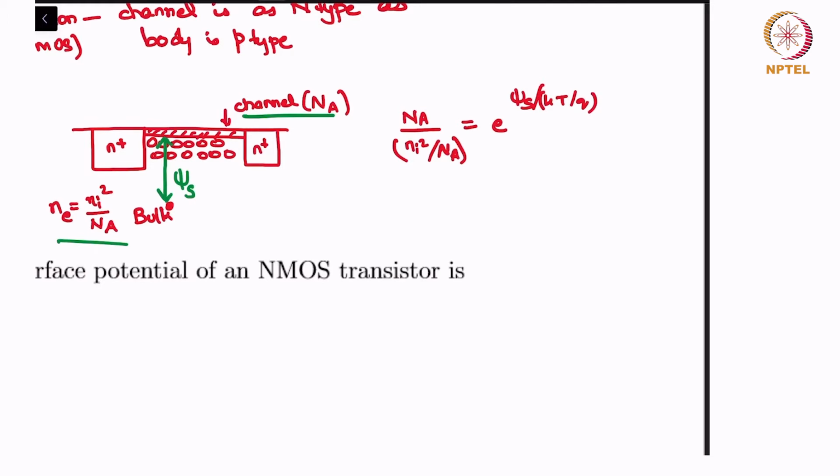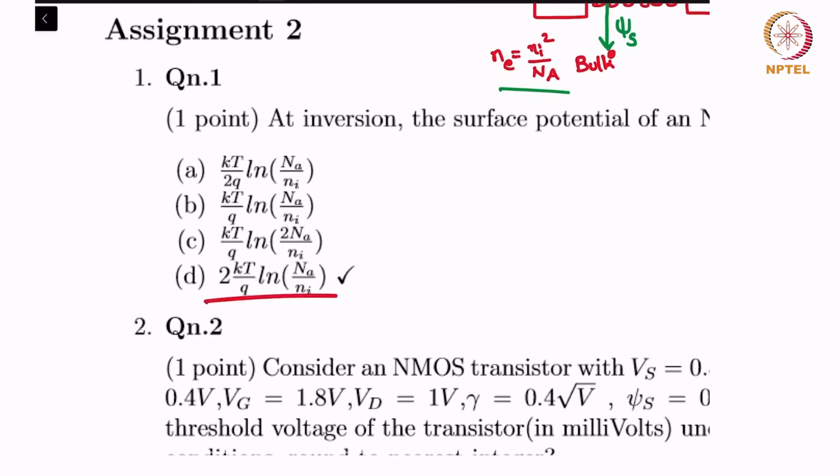Rearranging this expression, you will get 2 kT by q ln of Na by ni, keeping the 2 inside, is equal to psi s, which is the surface potential. And bringing that 2 outside of the logarithm, you get this expression.